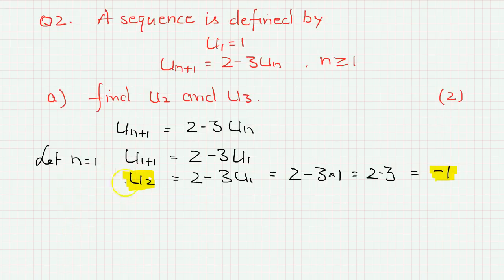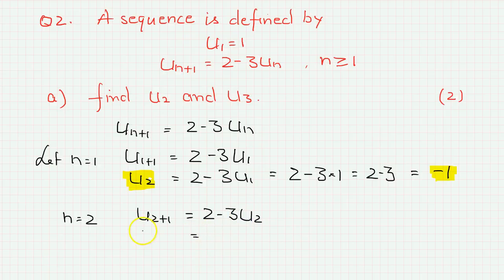Now let's say n is equal to 2. So we are going to use u(n+1). So u(2+1) is equal to 2 minus 3un, n is equal to 2.